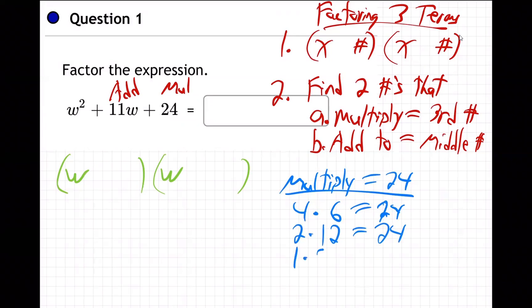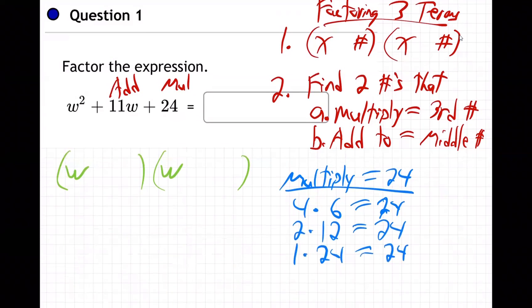What else? 1 times 24 is 24. What else am I missing? What else multiplies to be 24? You can use your calculator if you're not sure. 8 times 3. There we go. 3 times 8 is 24.